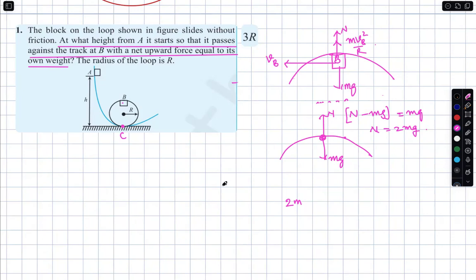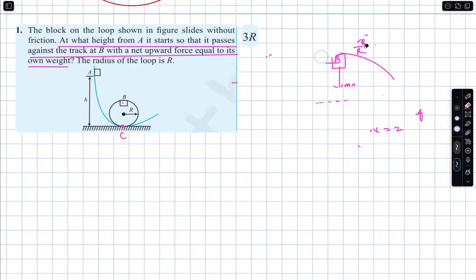Yeah, obviously, this block will exert the normal force. That's how I lost. I'm doing wrong this question, a very elementary level question, because of loss of focus.